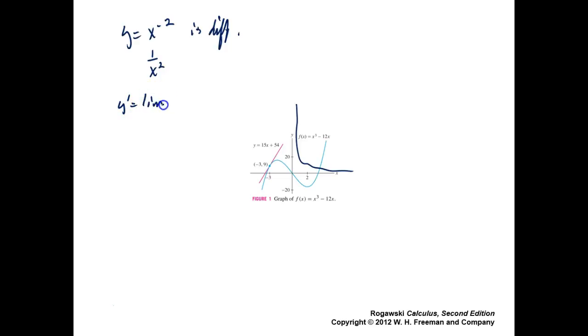The limit as h approaches 0 of f of x plus h minus f of x, over h. That's y prime, so this could be y of x if you wanted to write it that way. We were writing f of x.